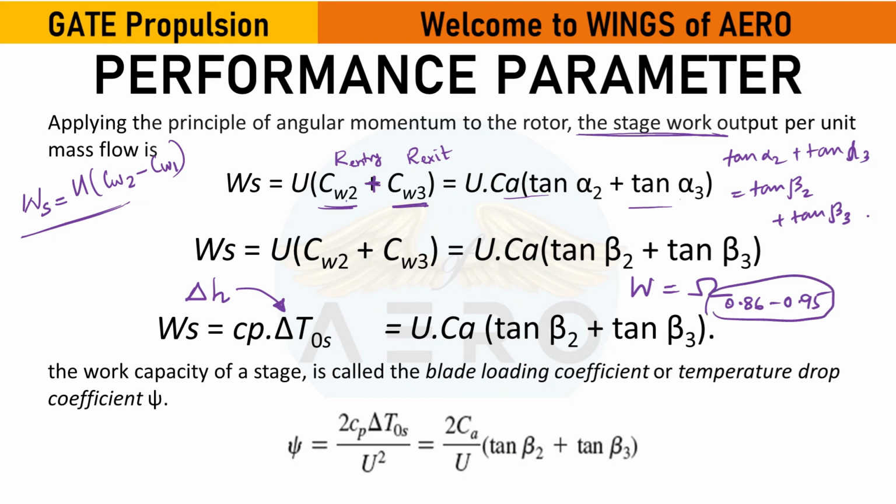Here we don't have this work done factor. We mostly neglect it in the case of a turbine. The one and only reason is boundary layer separation. In a turbine we have much less boundary layer separation as compared with a compressor, so we ignore this work done factor. The losses are much less in a turbine as compared with a compressor.